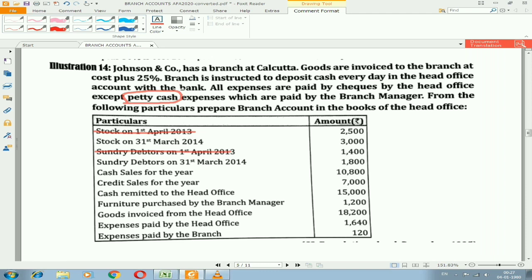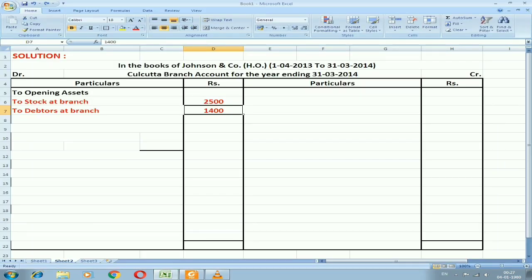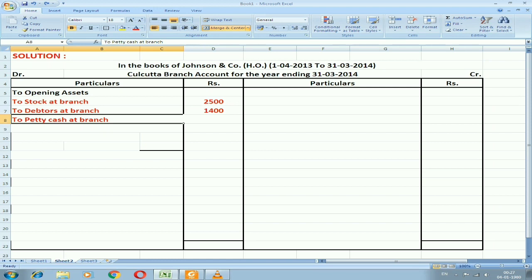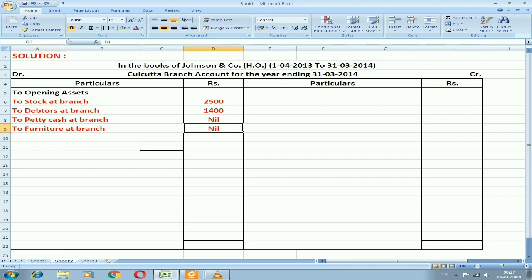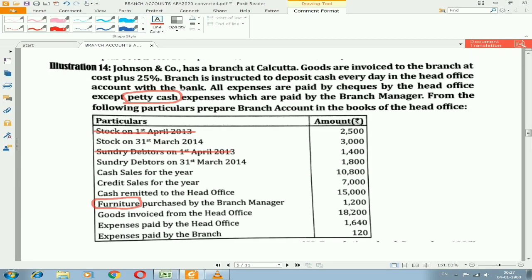Maybe on the closing day we may have some petty cash expense closing balances. In the illustration, furniture is also purchased, that is the reason I'm opening an account for petty cash as well as furniture, but both the accounts will be nil. We don't have any opening balance on that particular opening day. On the closing day we may have balances, that is the reason I have opened them.